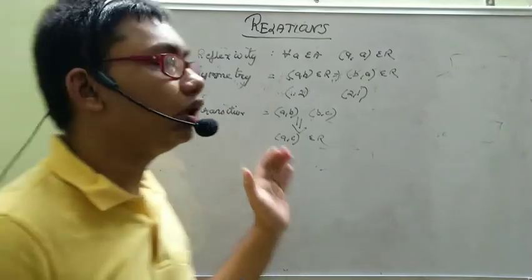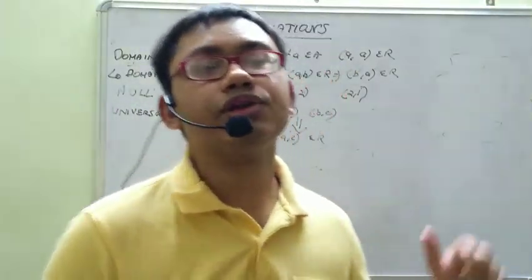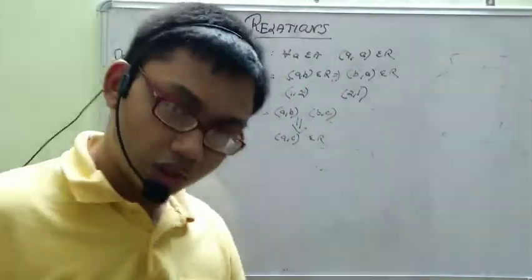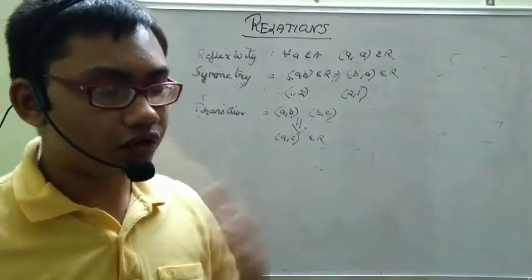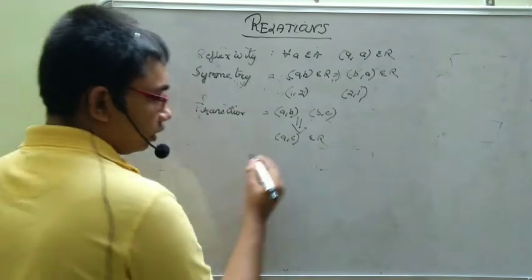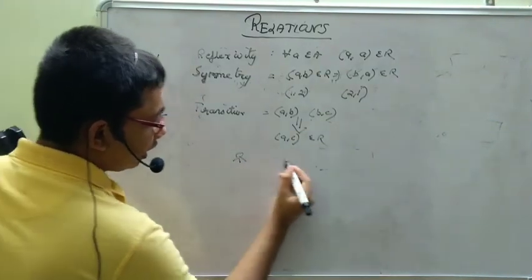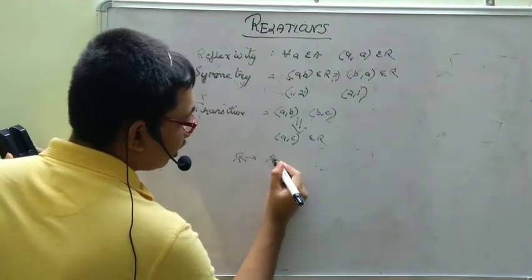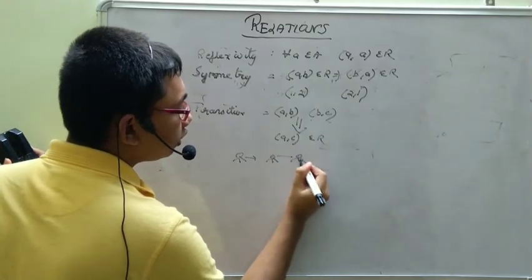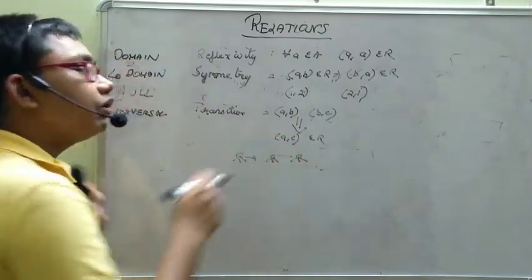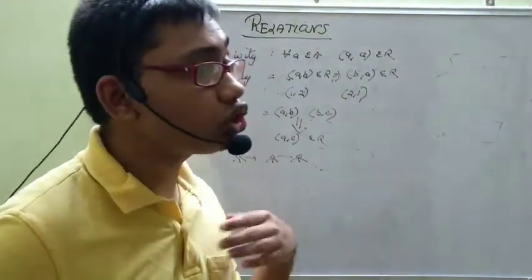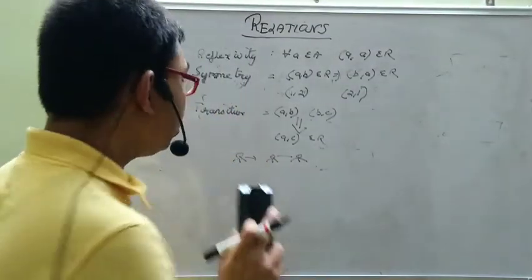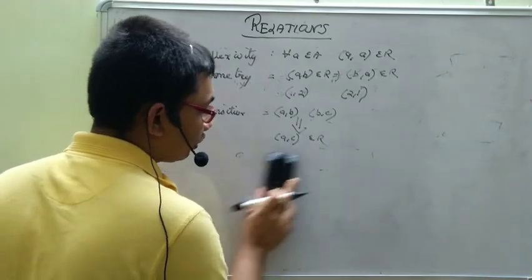If a is related to b and b is related to c, then a should be related to c. If there are 3 friends, and the first is a friend of the second, and the second is a friend of the third, then the first should be a friend of the third. It is not always true. We have to check it whenever a relation is given.